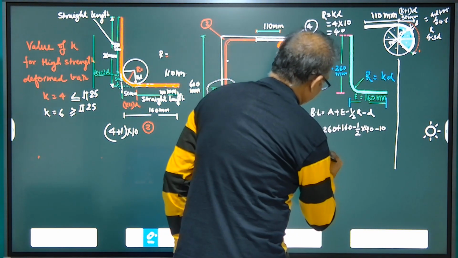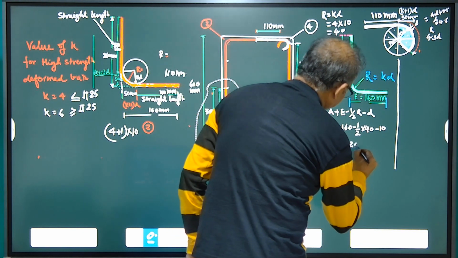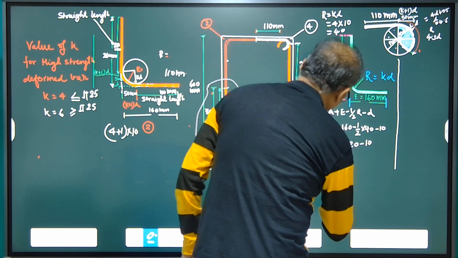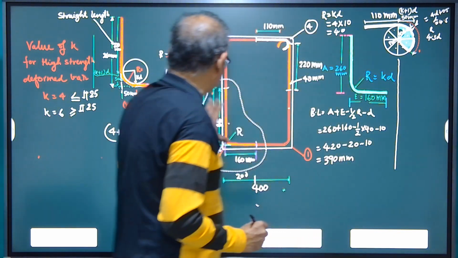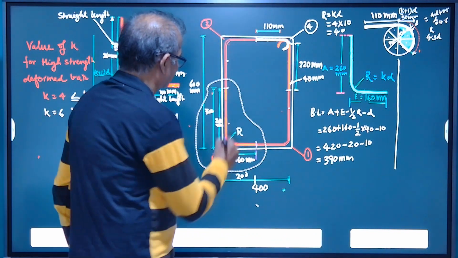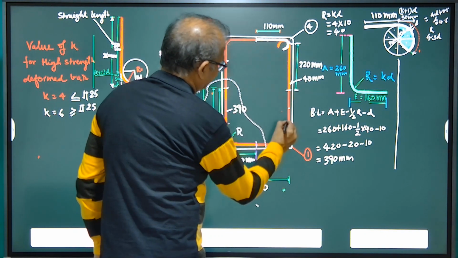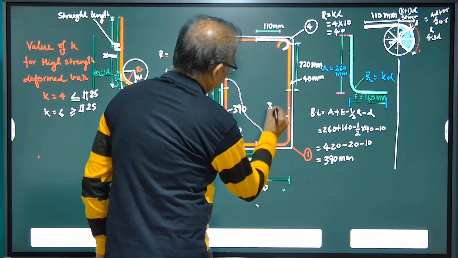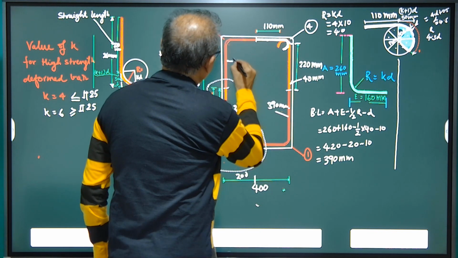So 260 plus 160 is 420, minus 20, minus 10. So this will be 390 mm. If this is 390 mm, then similarly the other bends will also be 390 mm each.